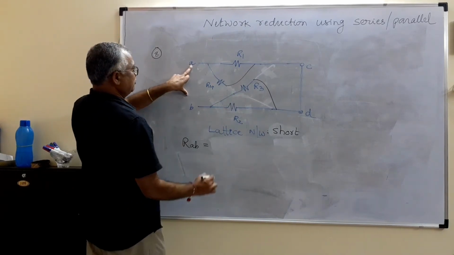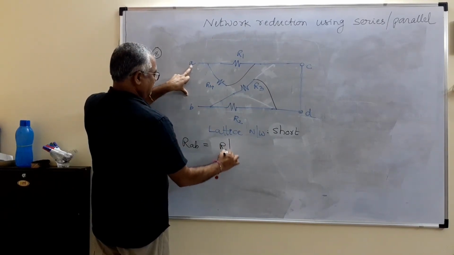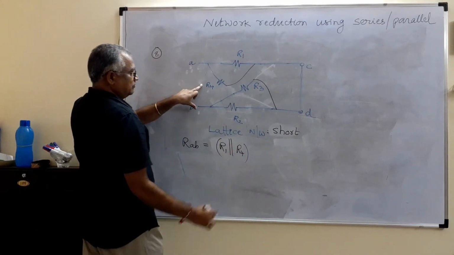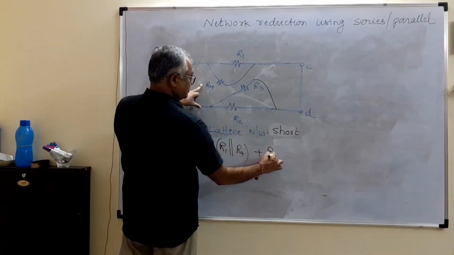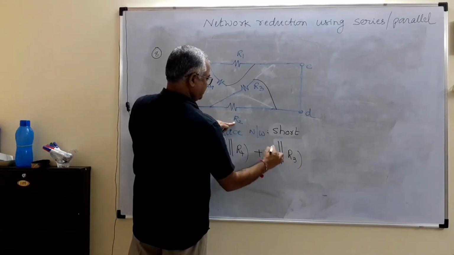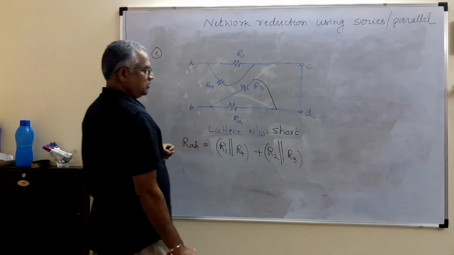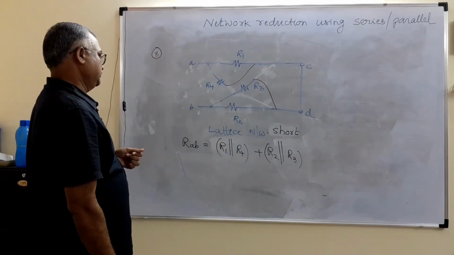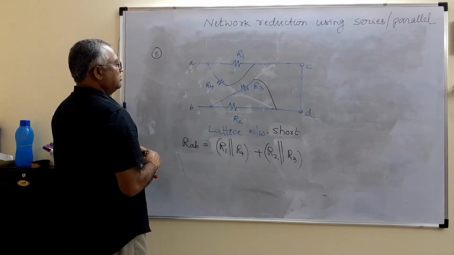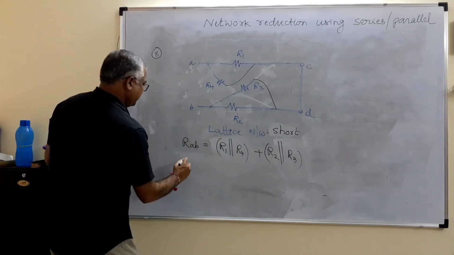So what is RAB now? R1 parallel with R4, that is in series with R2 parallel with R3. So like this RAB. What is RAC?